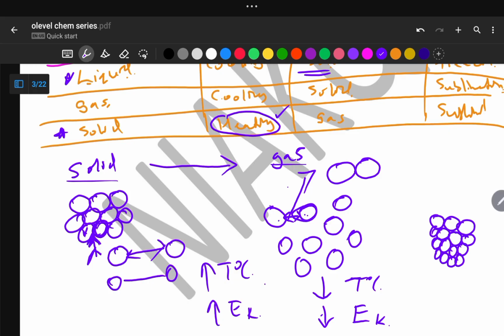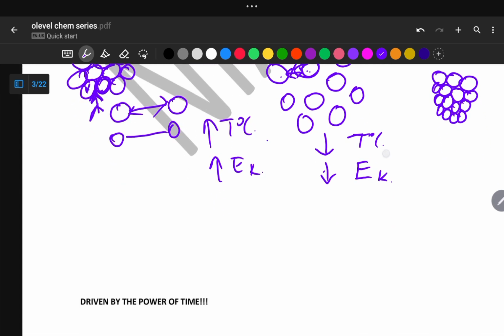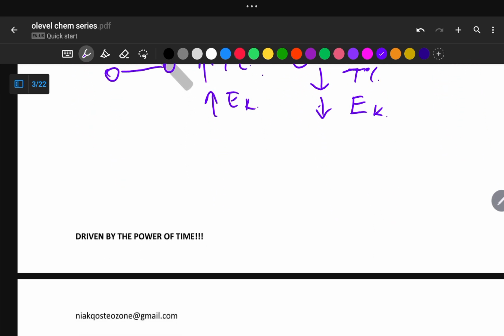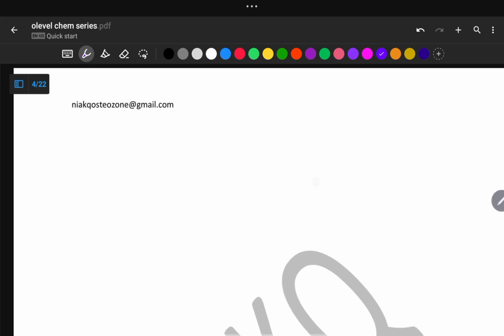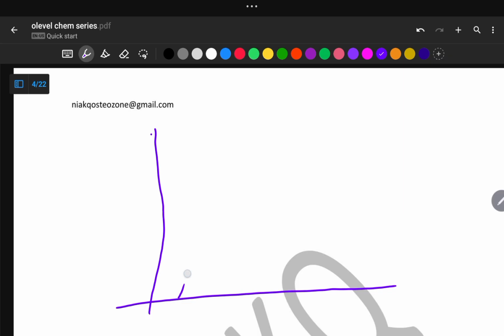Are we together? And then we're going to explain another phenomenon. So we have what we call the cooling curves. So let us move to a fresh page. So this is the curve, right? So don't mind my drawing. So we are having this one, and then this one, and this one.